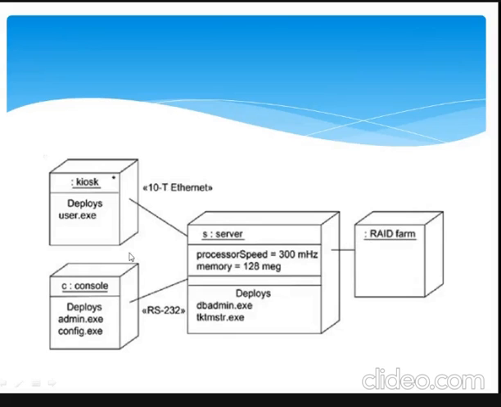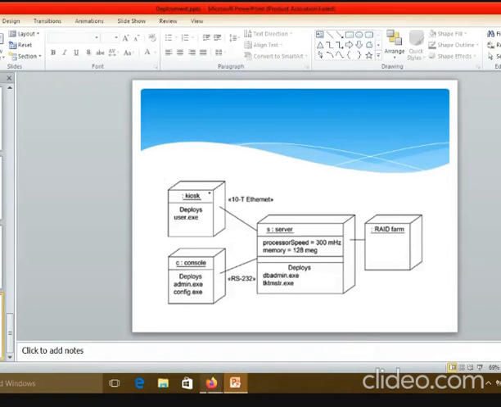These are the nodes, and they are connected by using 10T Ethernet cable and RS-232 cable, which are represented by using association lines. If you see the server object node, it contains some attributes like processing speed equal to 300 megahertz and memory equal to 128. It also contains some operations like dbadmin.exe and tkt.exe. That's it. Thank you.